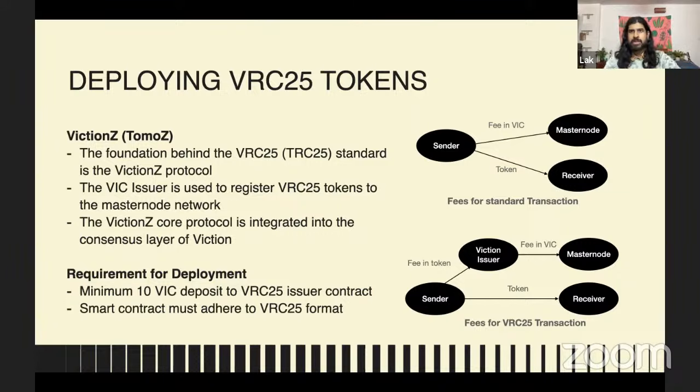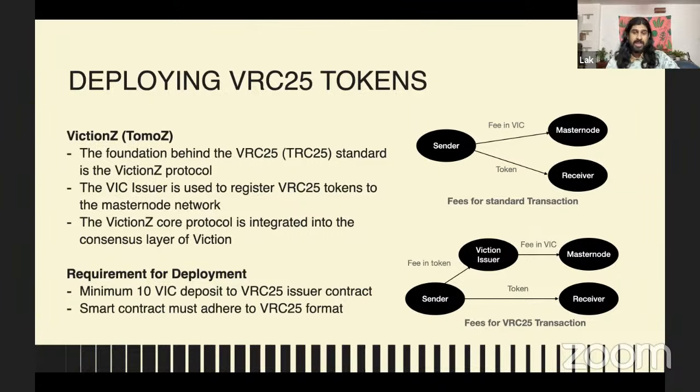If you take a look at the diagram on the right here, you can see that the masternode for VRC25 transactions actually receives its fees from the VIC issuer. The Viction issuer is the one that sends the fees. This is the place where you can also choose to have those transactions sponsored.